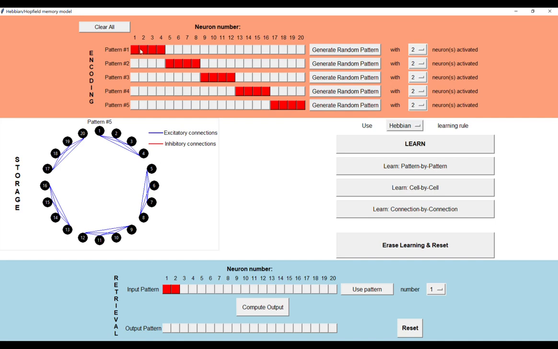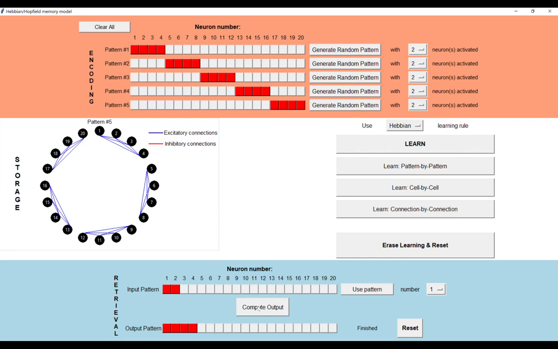So maybe only the first 2 out of the 4 neurons fire in response to being exposed to that stimulus, right? Well, what the brain will do is, due to the connections between neurons 1, 2, 3, and 4, they will respond by spreading that neural activity from neurons 1 and 2 to neurons 3 and 4.